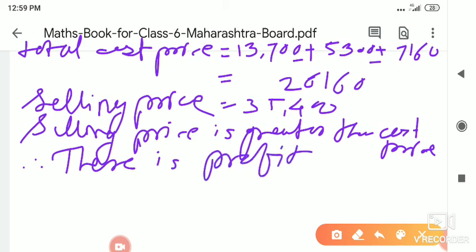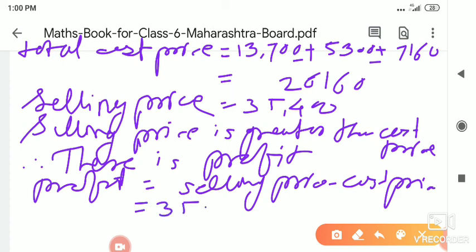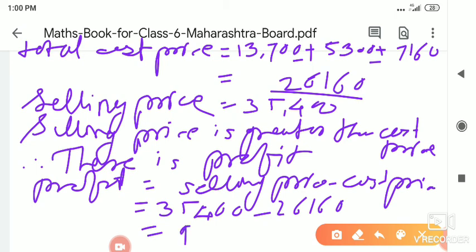So we simply use the profit formula: profit is equal to SP, selling price, minus cost price. The selling price is 35,400 and the cost price, which we just found, is 26,160. If you do the subtraction you will get 9,240 rupees, the profit that Lalita Bai got from the field. In this way we have to solve the example.